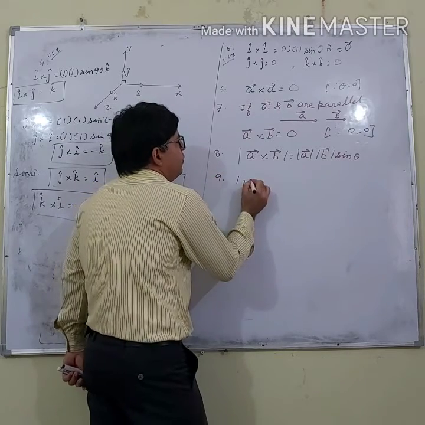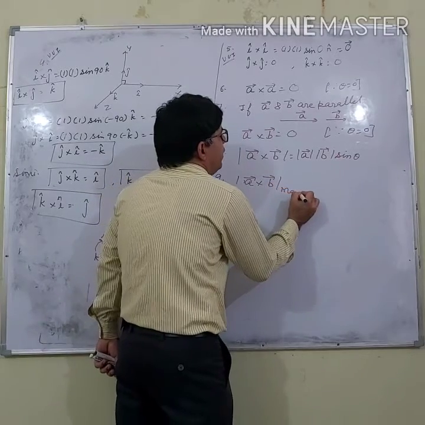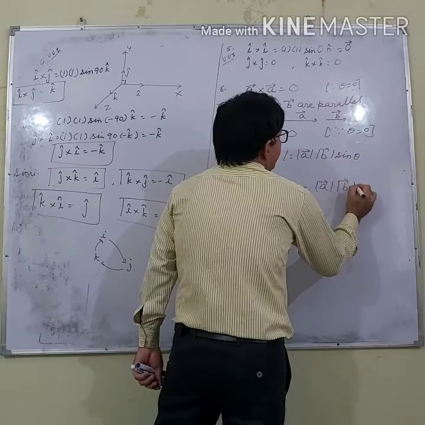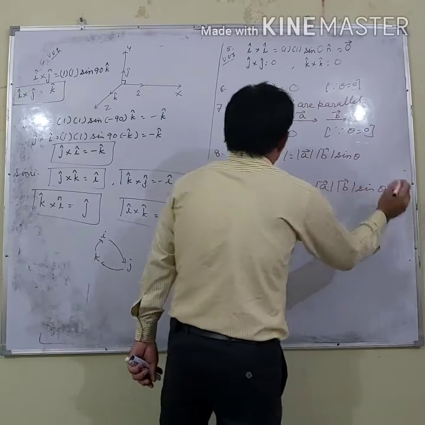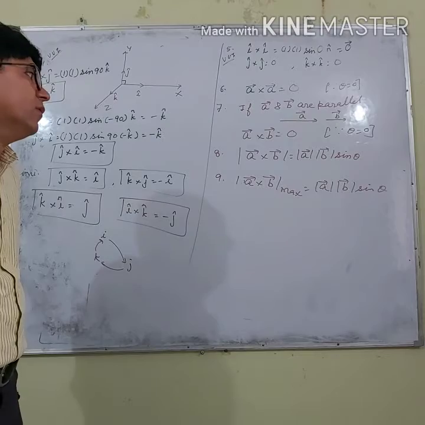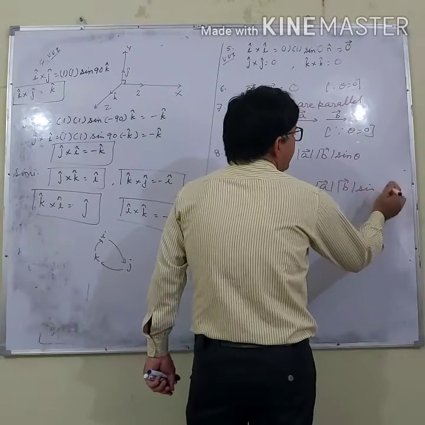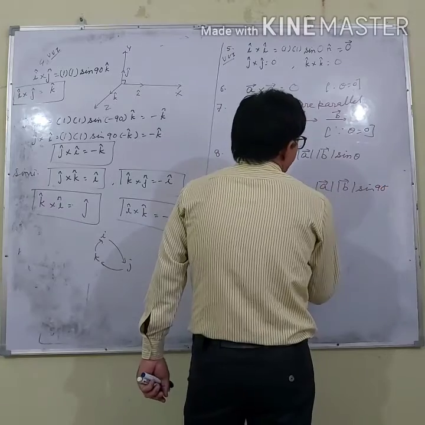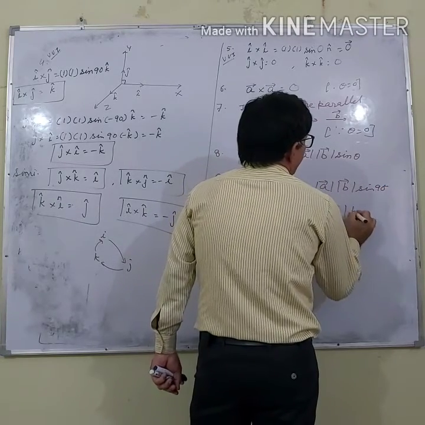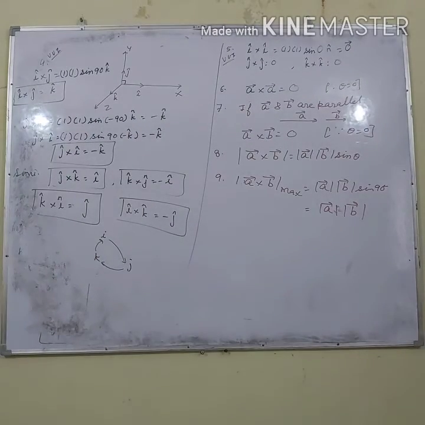The maximum value of A cross B is AB sine theta. For the maximum value, theta should be 90 degrees and sine 90 is 1. So the maximum value is the magnitude of vector A multiplied by the magnitude of vector B.